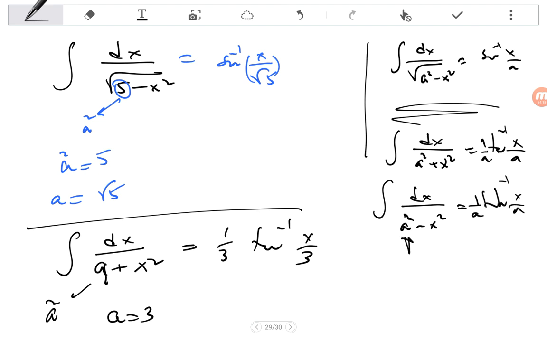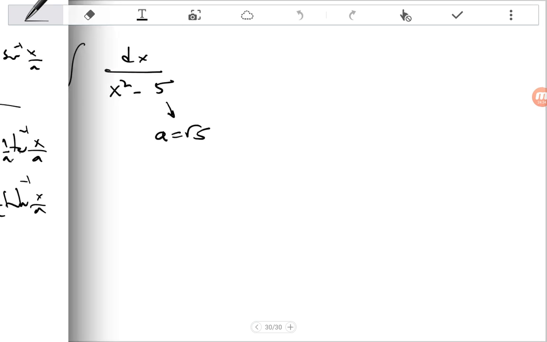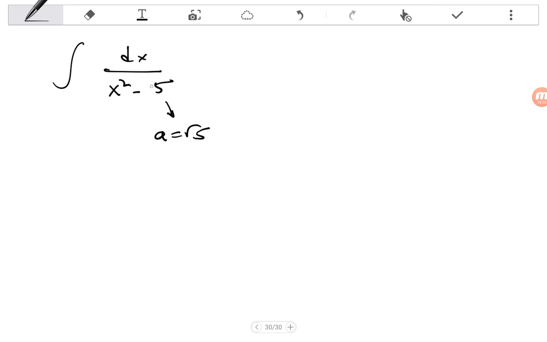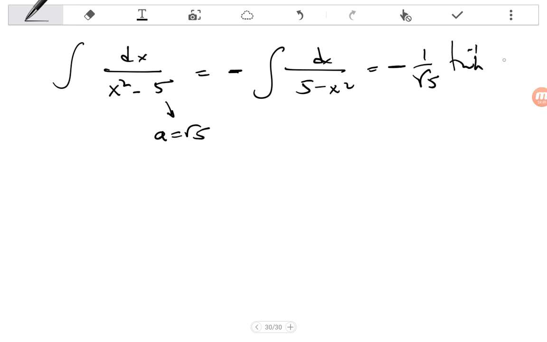The number was first before the x. So if I had this case, we have to put a minus, and make it 5 minus x squared. Then it is 1 over root 5 tangent inverse x over root 5.